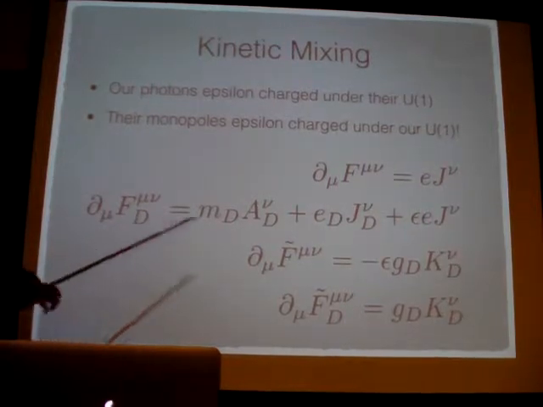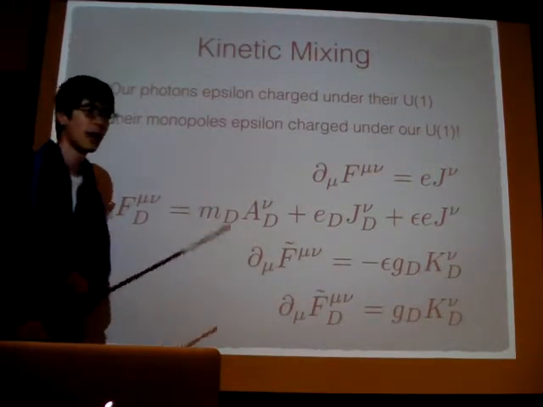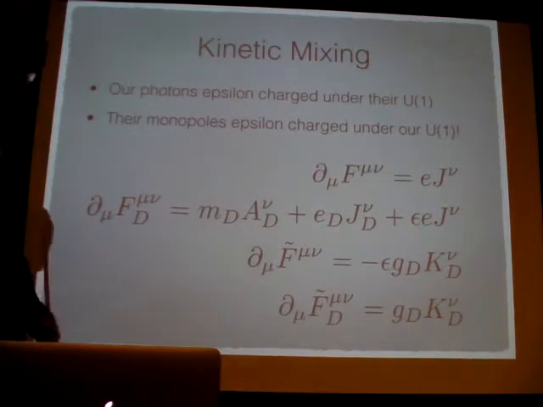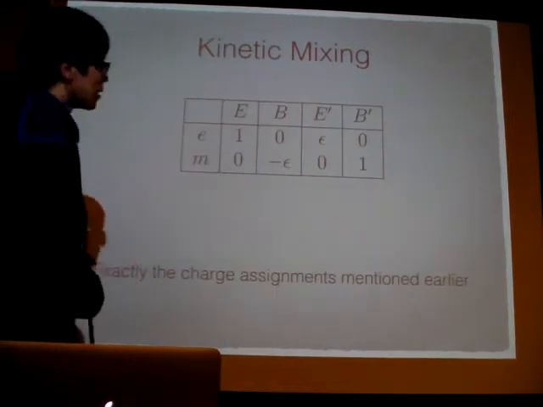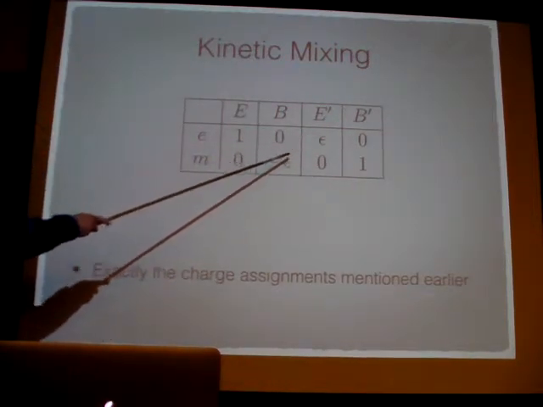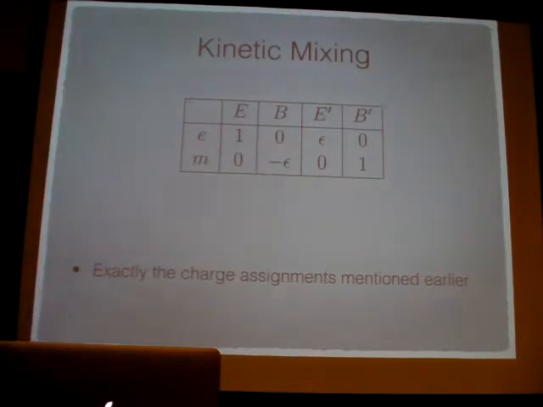And so their monopoles have naturally picked up a minus epsilon charge under our magnetic field. So kinetic mixing does literally this, with exactly the minus sign, with exactly the 2 epsilons. And because the F dark, for us, can be some arbitrary number, it doesn't have to be an integer.